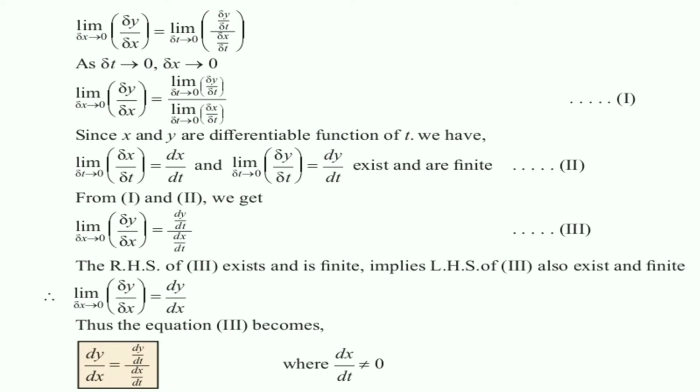The RHS of 3 exists and is finite, which implies the LHS of 3 also exists and is finite. Therefore, limit delta x tends to 0 of delta y by delta x equals dy by dx. Thus, equation 3 becomes dy by dx equal to dy by dt upon dx upon dt, where dx upon dt is not equal to 0.